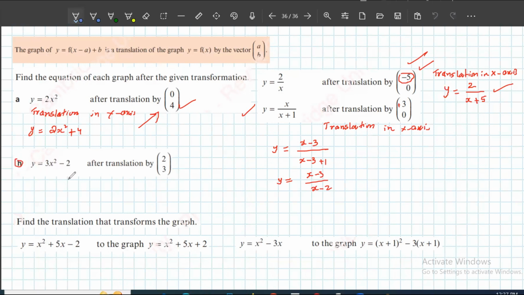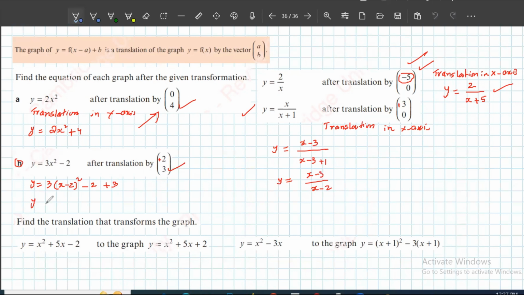But if you check this next part carefully, this is a translation along both, a combination of translation along the x-axis as well as along the y-axis. If I apply this to the given equation, remember that this is plus 2, so we will choose 3 times x minus 2 whole squared and minus 2, and this plus 3 we straight away add, which is along the y-axis.